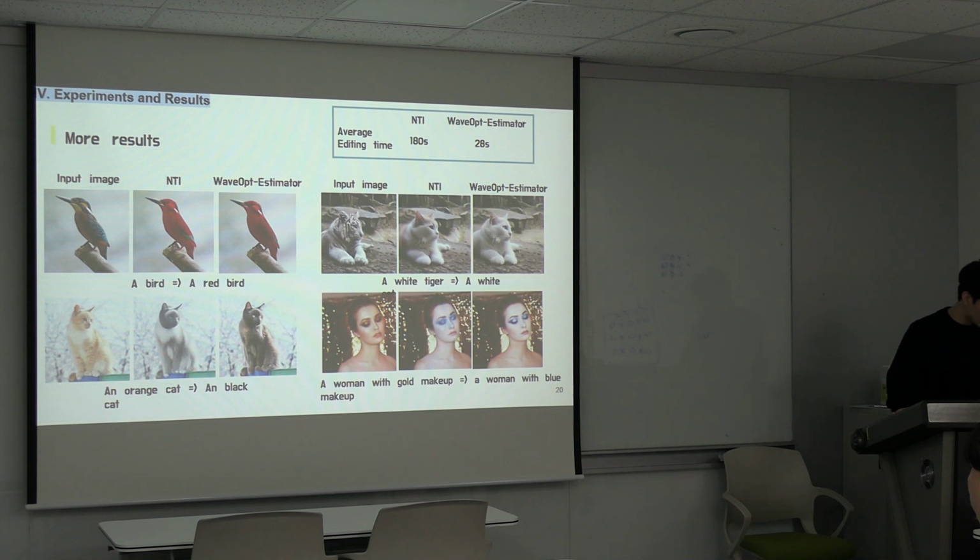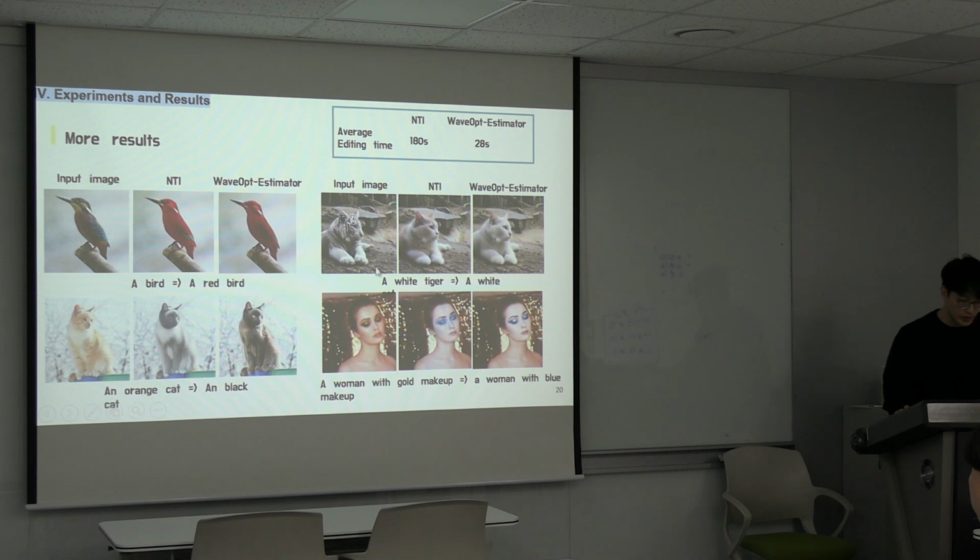So among these results of NTI, the black hat does not change to black, and it retains the characteristics of the original image. However, using our model, it is possible to edit more flexibly.